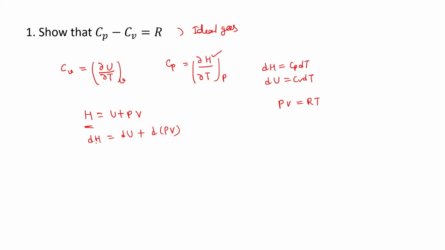So that's how dH is given as CP dT is equal to CV dT plus R dT. And that's how we get Cp is equal to Cv plus R by cancelling out the dT. Okay.